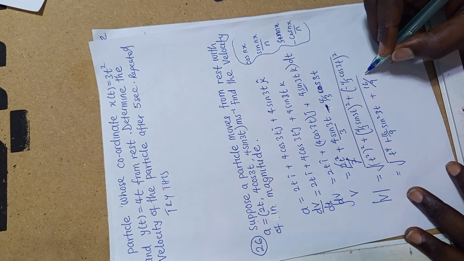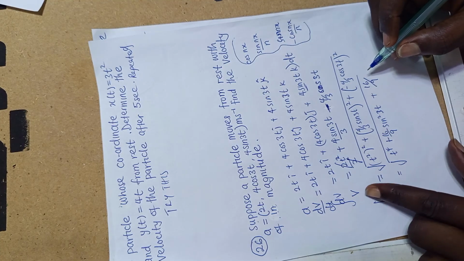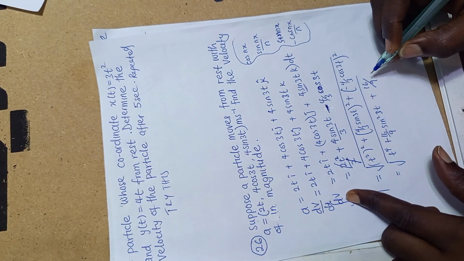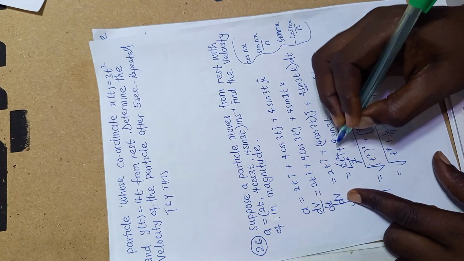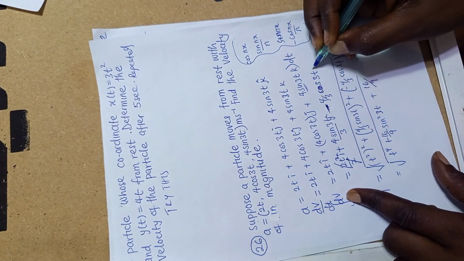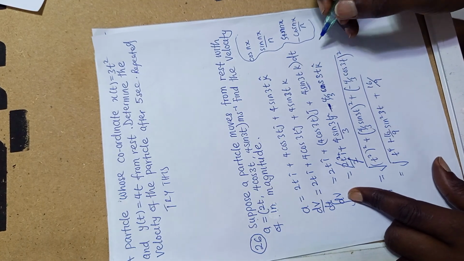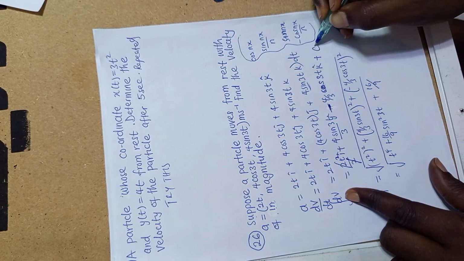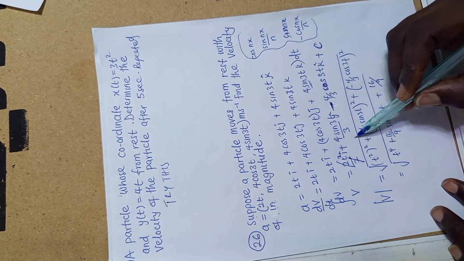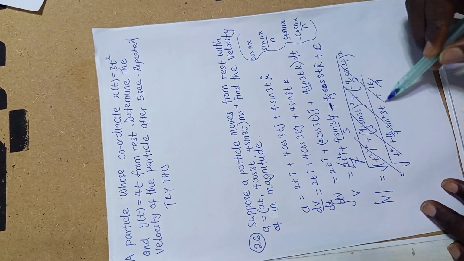Now, but there's a mistake here. When we integrate, we introduce a constant after integration. This i, this j, and this k. No, we did not do that. So there should be c here after integration. So what we are solving here is wrong. Sorry.